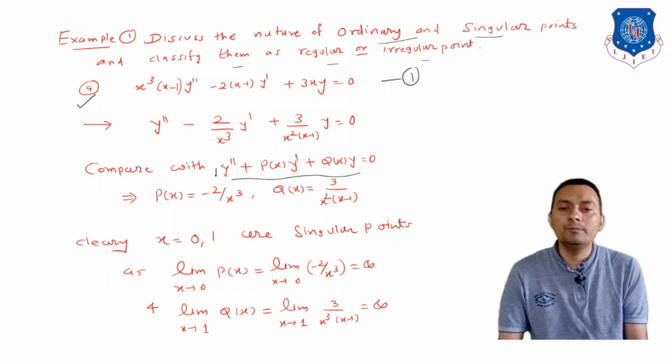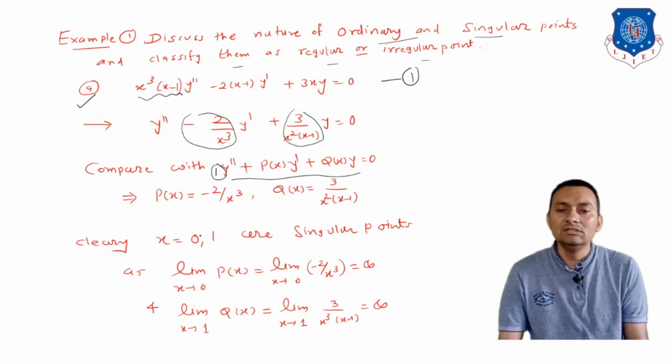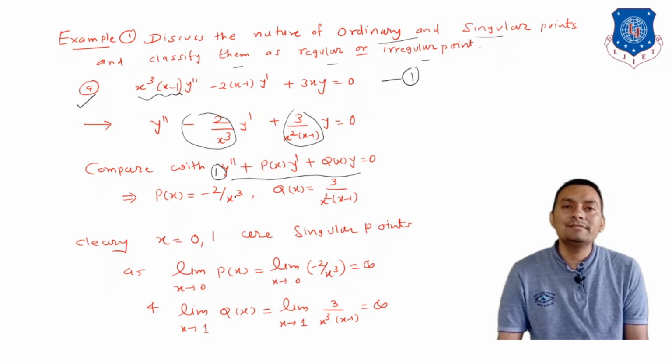I want the coefficient of y double dash to be 1, which means I have to divide by this quantity. So what I get is y double dash minus 2 times divided by x raised to cube y dash plus 3 times x square into (x minus 1) y is equal to 0. So it is clear that this is exactly our p of x and this is our q of x. Now, if the denominator is going to be 0, then this point will be what?